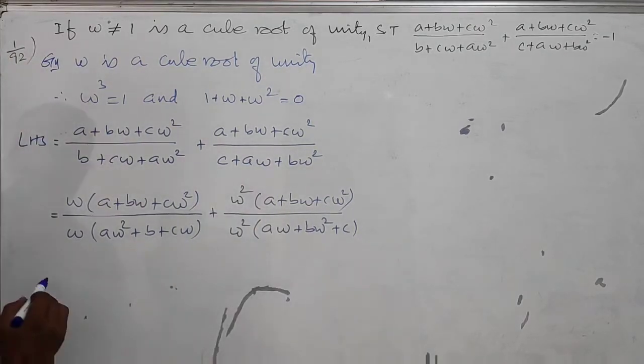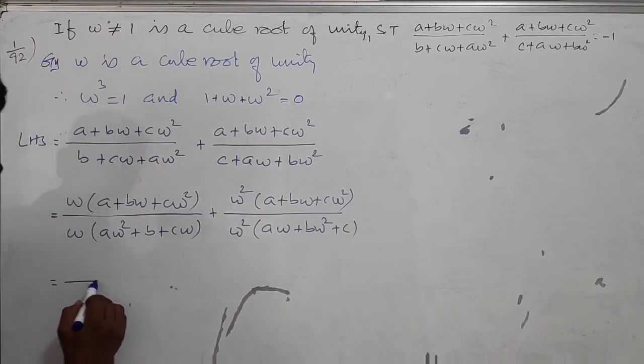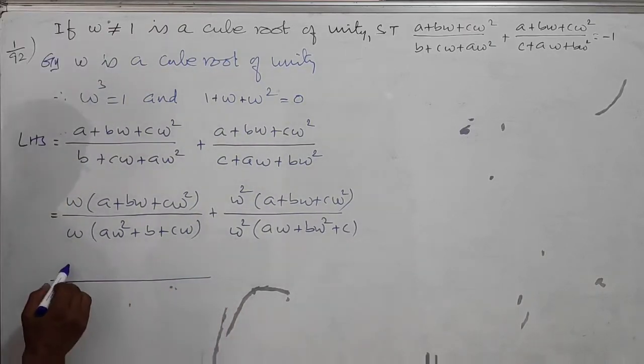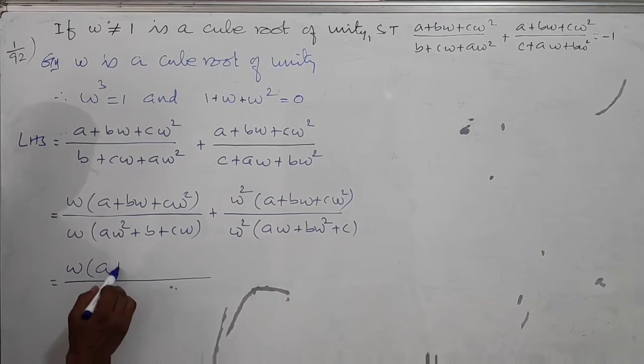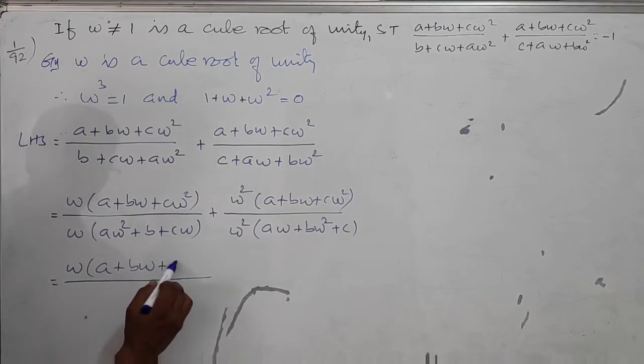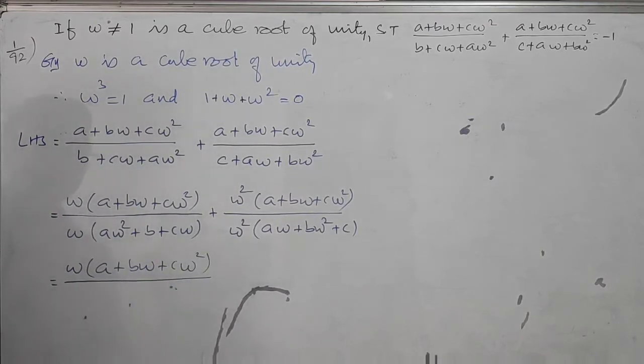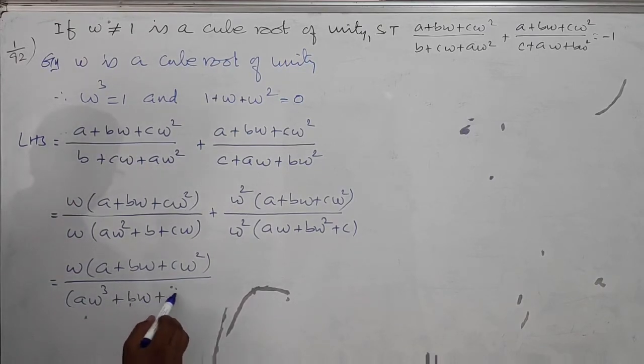Okay. Then after that, in the numerator, you keep this as such: omega into (a plus b omega plus c omega square) by, you multiply this inside, you can get a omega cube plus b omega plus c omega square.